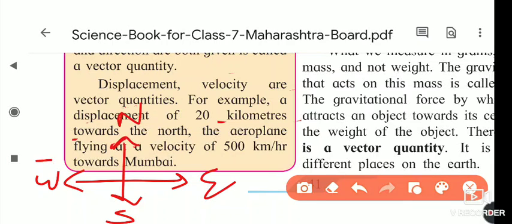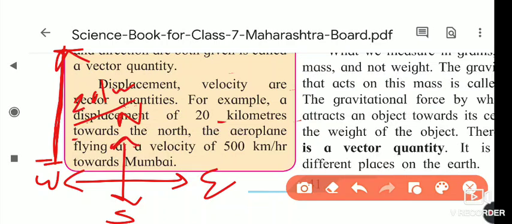So we can show that this is the original position, and the north direction is from here to here. Suppose this is 20 kilometers. Here we are taking magnitude into account, and the direction also, because this man displaces towards the north.